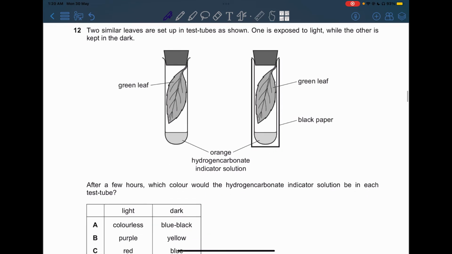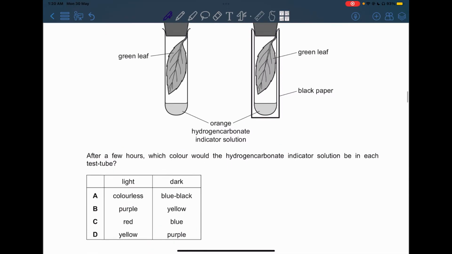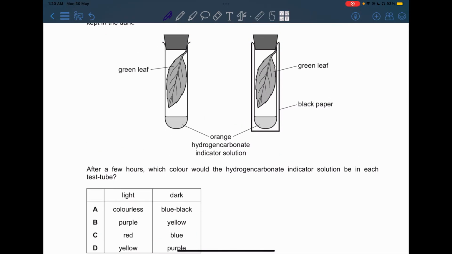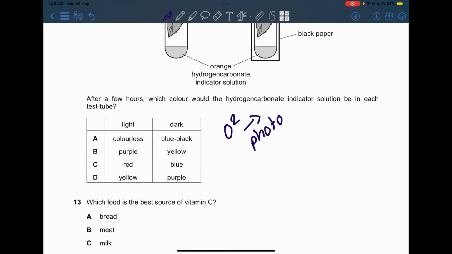Now, question number 12. Two similar leaves are set up in the test tubes as shown. One is exposed to light while the other is kept in the dark. After a few hours, which color would the hydrogen carbonate indicator solution be in each test tube? Now, we know in the light, the plant actually produces oxygen because this is the waste product of photosynthesis. Now, in the dark, it actually respires and releases carbon dioxide, and this is as a result of respiration.